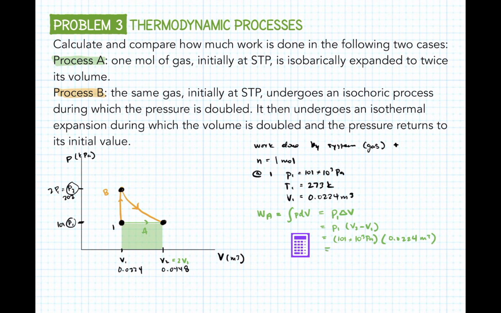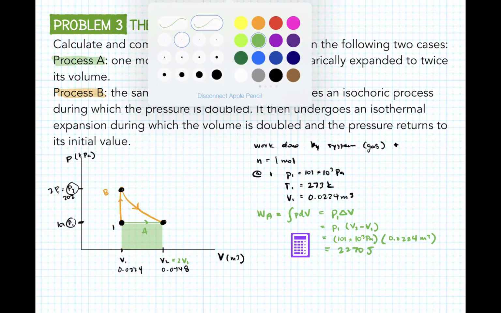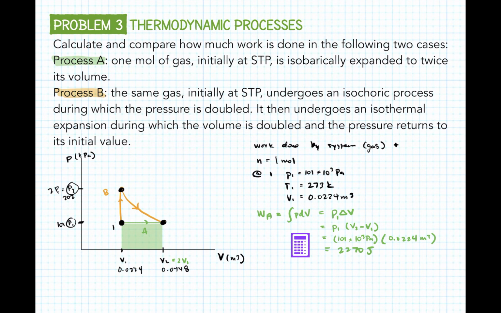So you plug that in, and you're going to get 2,270 joules. We're keeping our 3 sig figs because those are the values we're given. We used all 3 sig fig values, and you don't have to do that, but it just seems to be working for what we want. Okay, so that's our first area.